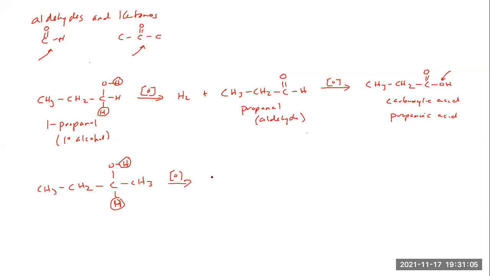That's going to yield us our H2 and a double bond between the carbon and the oxygen, leaving us this guy here, this being 1, 2, 3, 4, so butanone, which is our ketone, coming from 2-butanol, which is our secondary alcohol.